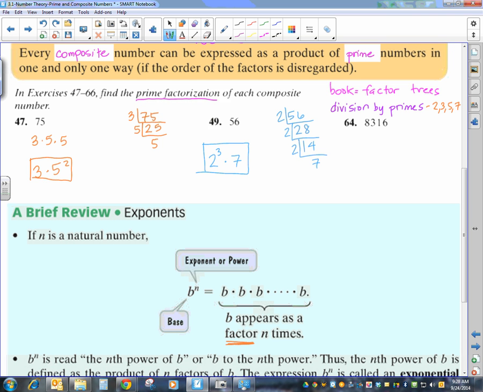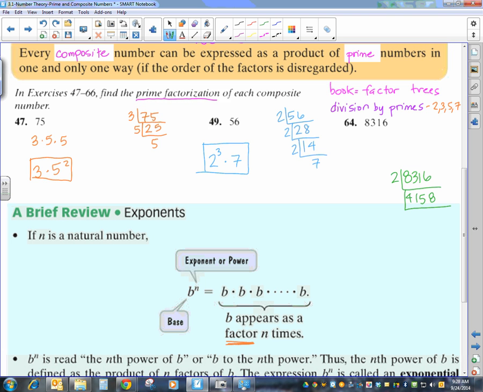All right, let's look at 8316. I wanted to do a big one so you can see how long this could go on. I'm going to start down here. 8316. It's an even number. 2 goes into it 4158. Use your calculator if you can't do this in your head, y'all. 4158.